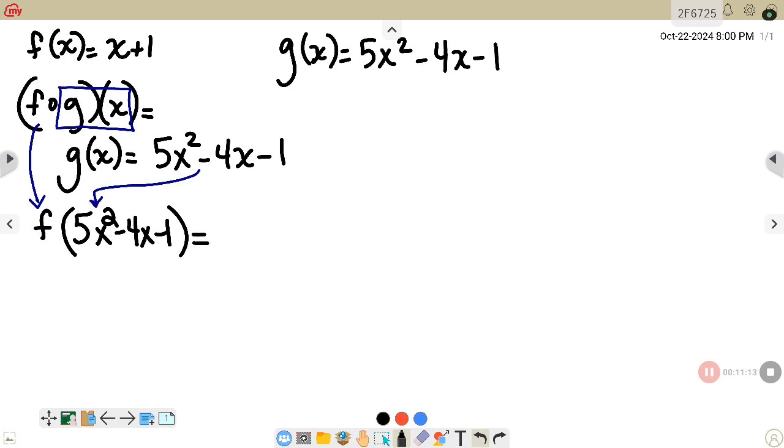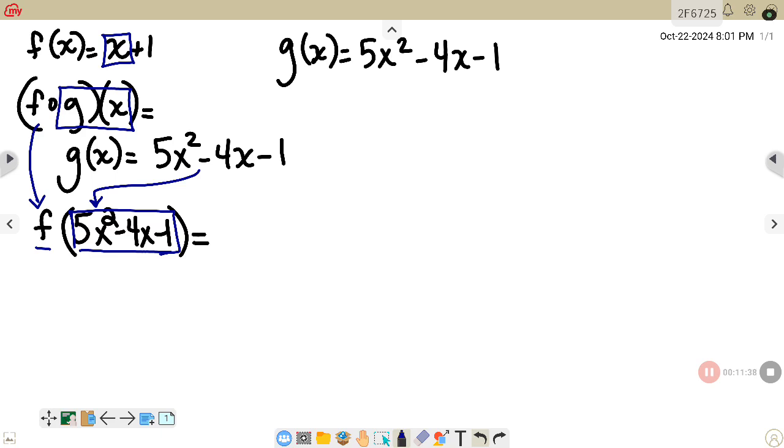So now what we are doing is we are going to the f function. We're going to take out its x and put in the 5x squared minus 4x minus 1. I'm going to take out this x and replace it with what is in the parentheses.